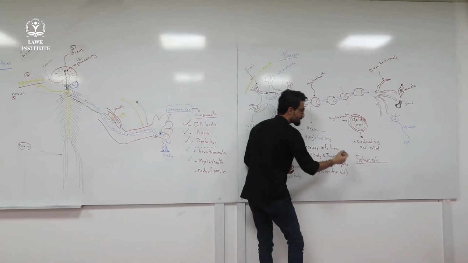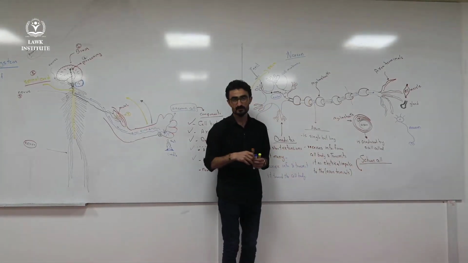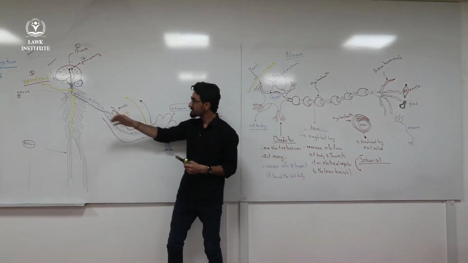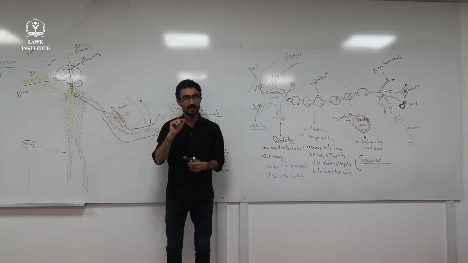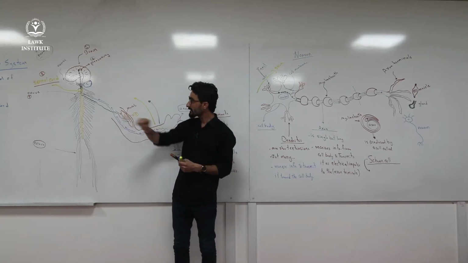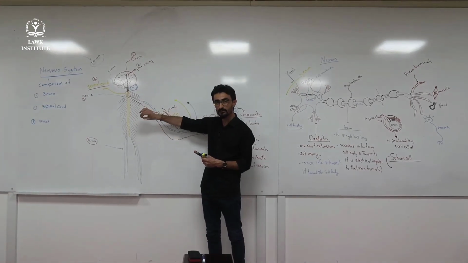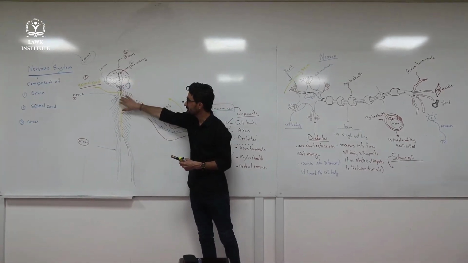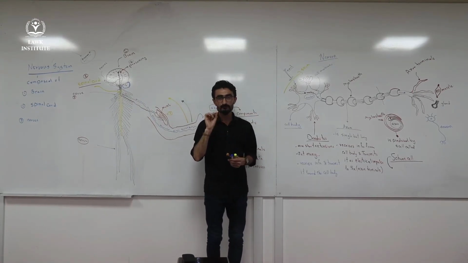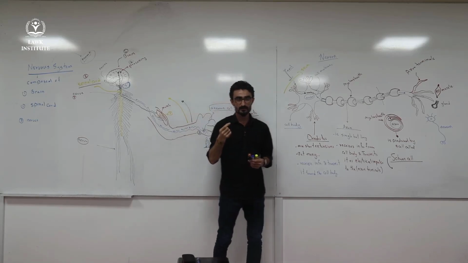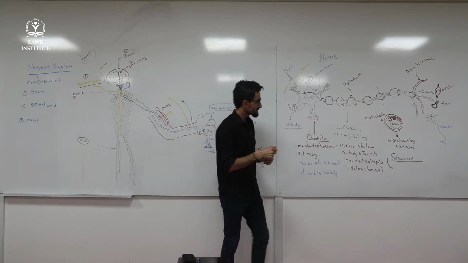But we also have to know that Schwann cells surround the axons of neurons located in the nerves, not in the brain and spinal cord. Only the axons that are located in the nerves, the black lines, not the axons of neurons that are present in the brain and spinal cord. So Schwann cell is only found around the axons of nerves, not in the brain or spinal cord.